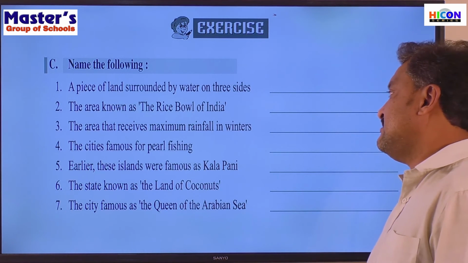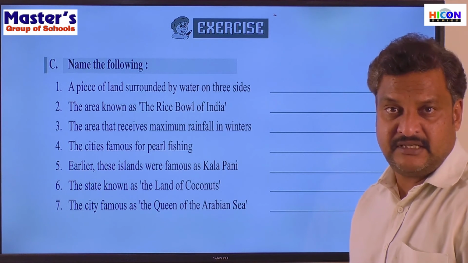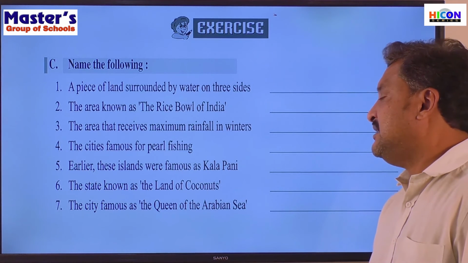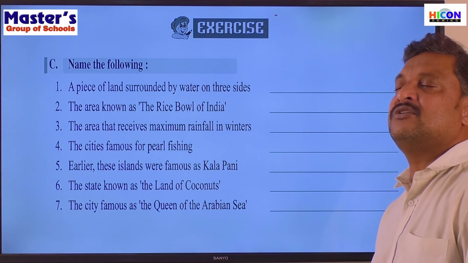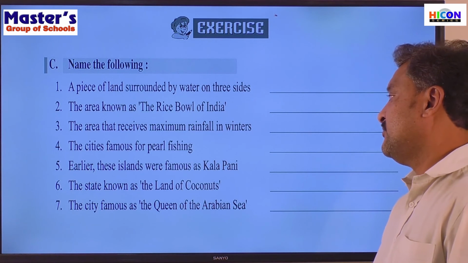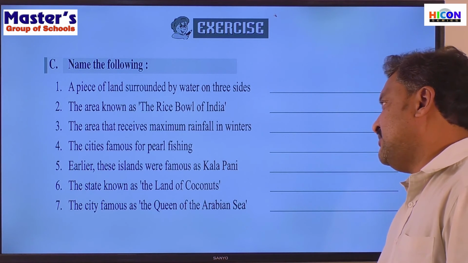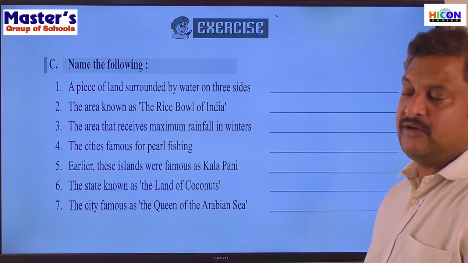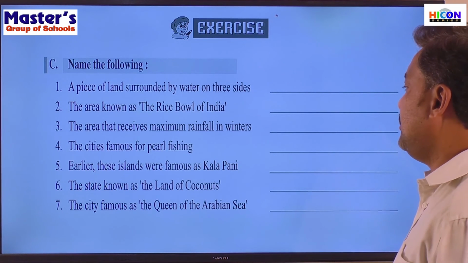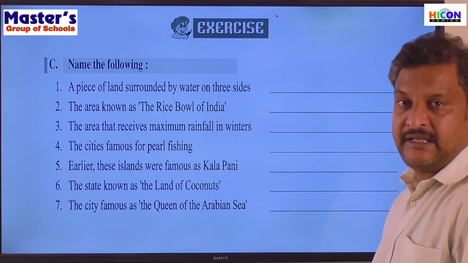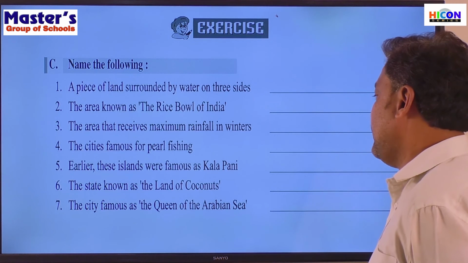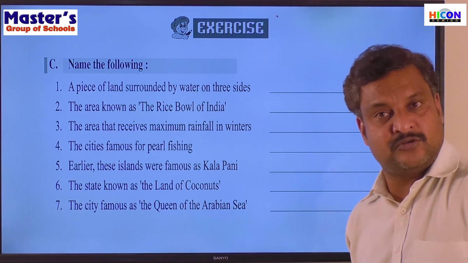The area that receives maximum rainfall in winter is the Coromandel coast. The cities famous for pearl fishing are Kodallur and Tuticorin. Earlier, these islands were famous as Kalapani, the Andaman and Nicobar Islands. The state known as the land of coconuts is Kerala. And the city famous as the Queen of the Arabian Sea is Kochi.